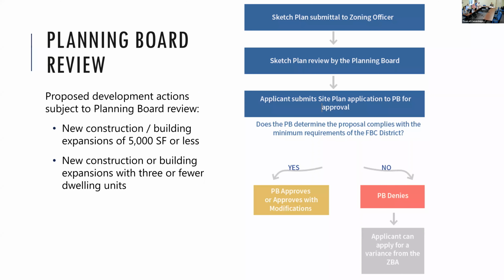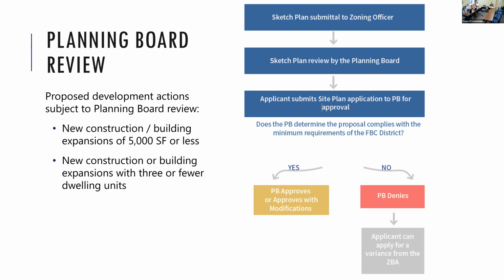So the planning board is going through the site plan for the project application, utilizing, depending on what type of project it is, the appropriate checklist, going essentially section by section of the form-based code and determining whether that submittal is in compliance with the form-based code.